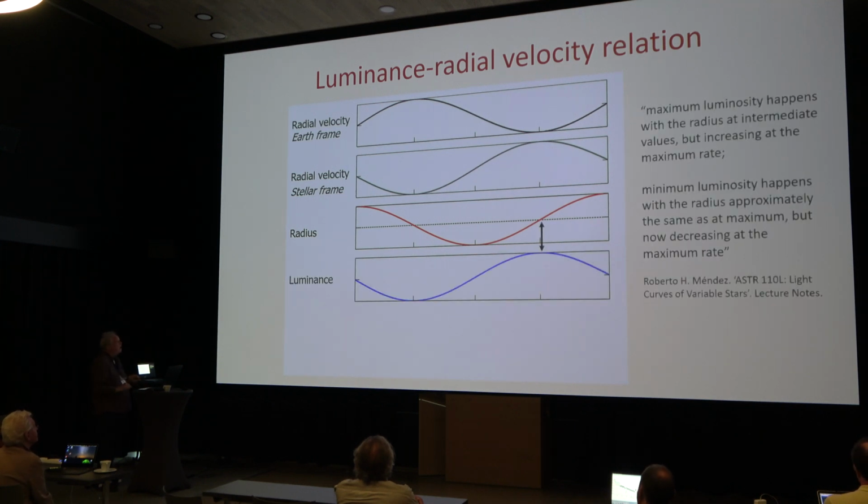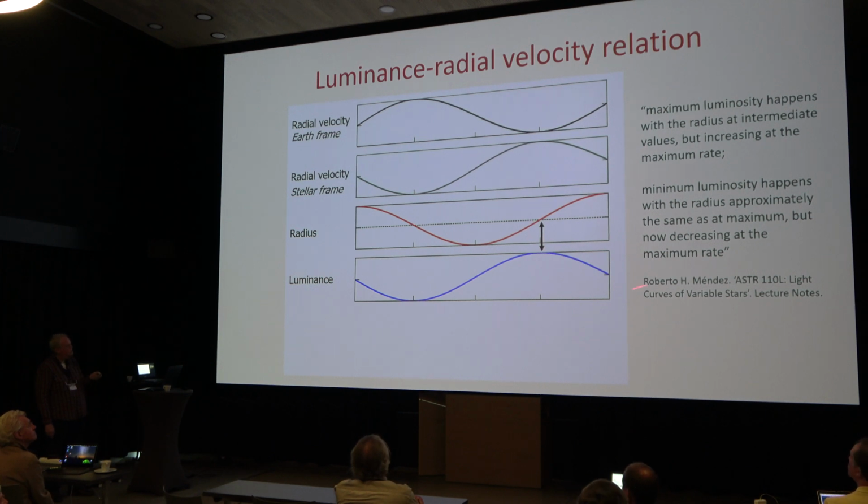Yeah? And then I did try and drill down and find out what the consensus is here, and perhaps I should have tried harder, but the best I could find on interpreting this was some lecture notes on variable stars.